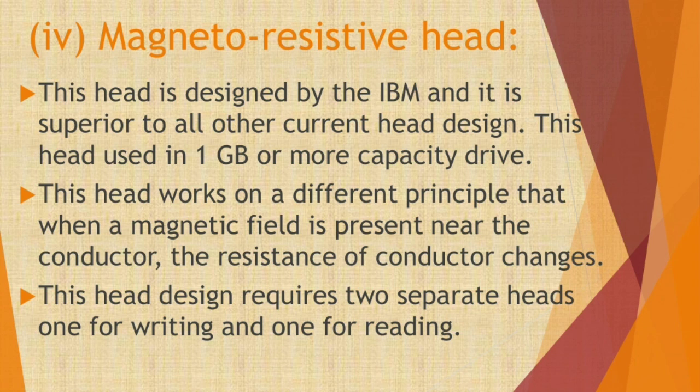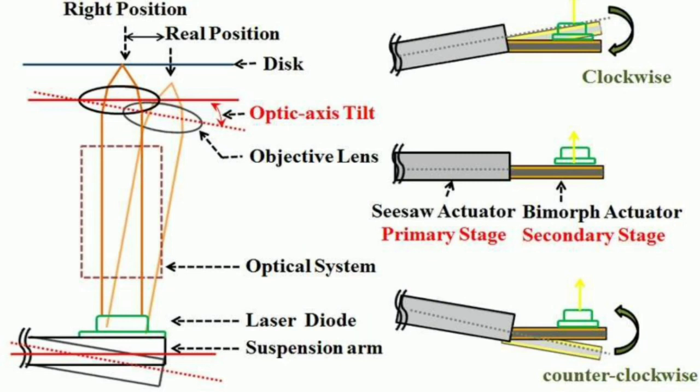The head design requires two separate heads, one for writing and one for reading. This picture shows the mechanical arrangement and optical positioning of our read-write head.